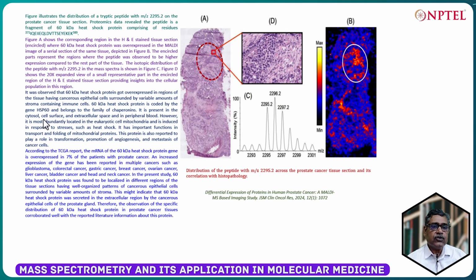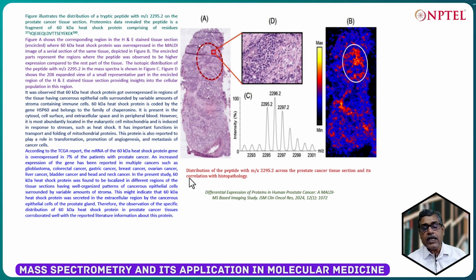It is present in the cytosol, cell surface, extracellular space and in the peripheral blood. However, it is most abundantly located in the eukaryotic cell mitochondria and is induced in response to stresses such as heat shock, which is the name it is coined for. It has an important function in transport and folding of mitochondrial proteins. This protein is also reported to play a role in transformation and promotion of angiogenesis, which is related to cancer and metastasis of the cancer cells.